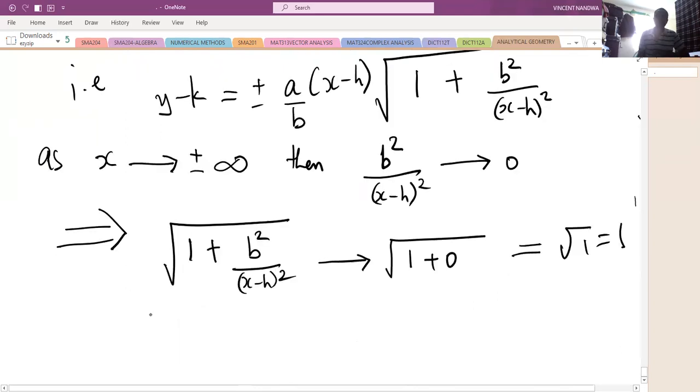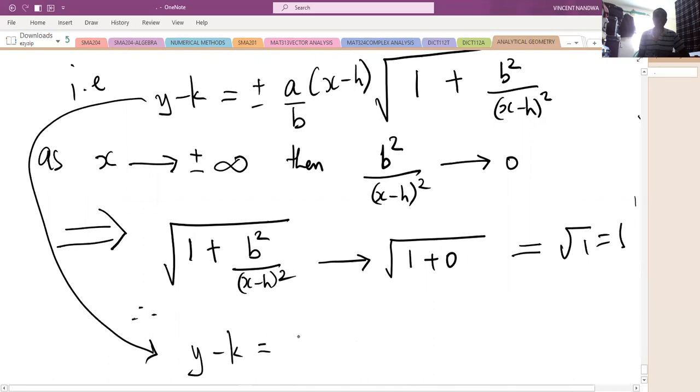So therefore we'll have y minus k equals plus or minus a over b into x minus h.